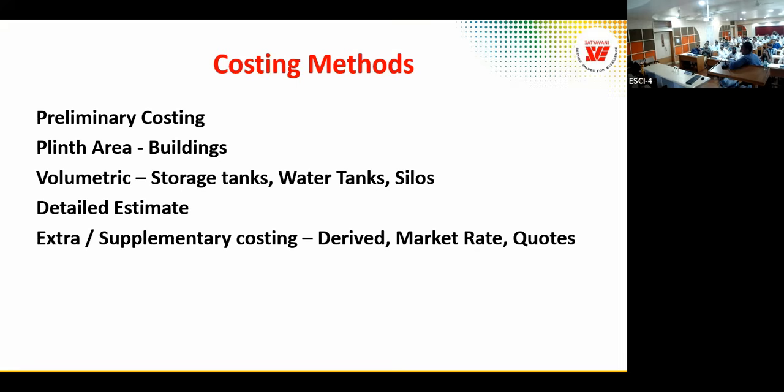And supplementary costing. In supplementary costing, as per FIDIC, it should be derived rates. That means first we should attempt to arrive at a new or supplementary item from the items quoted, and derive the item. Like concrete: let us take M25 I have given in the tender, but it is required to use M40.